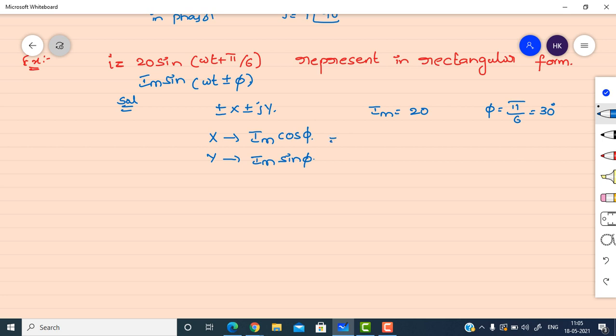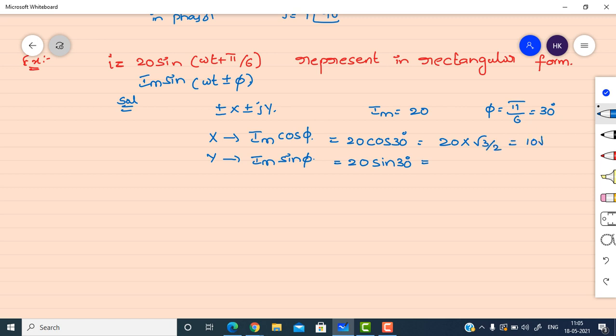Now find Im cos phi: 20 cos 30 degrees, and Im sin phi: 20 sin 30 degrees. What is the value of cos 30? Root 3 by 2.